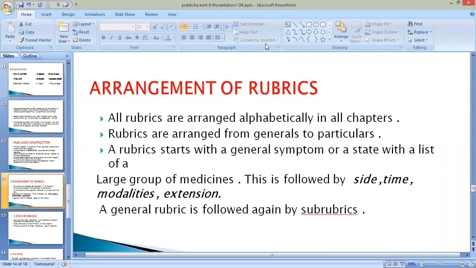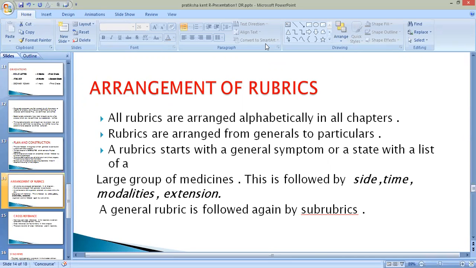Then the subrubrics are placed two spaces to the right of the margin line, meaning they are not given just below the rubric, but below the rubric by placing two spaces to the right of the margin line, so that we can easily differentiate between rubric and subrubric and sub-subrubric. And the remedy line is four spaces to the right.